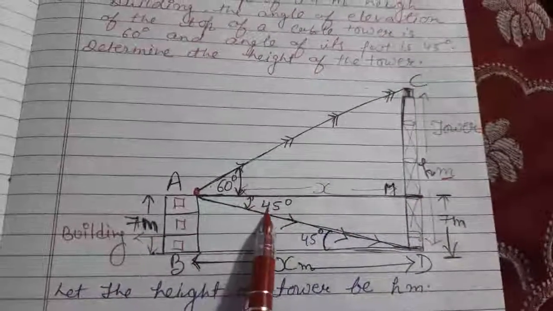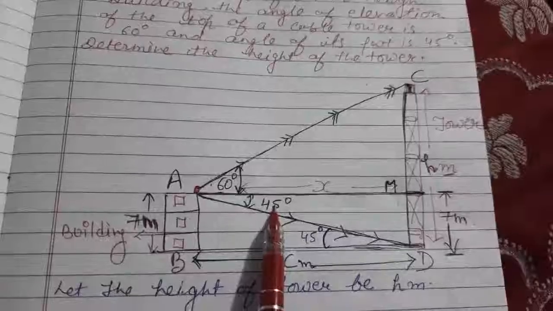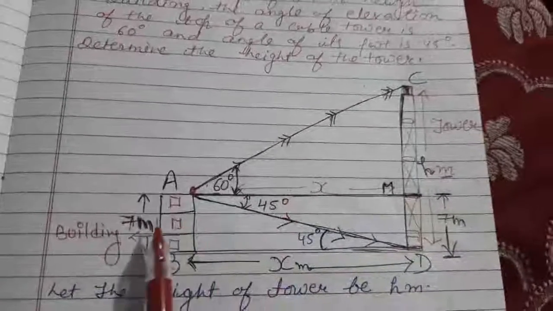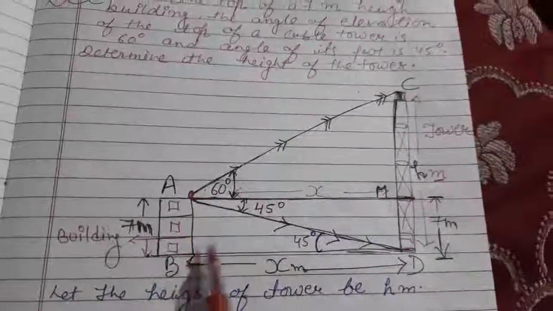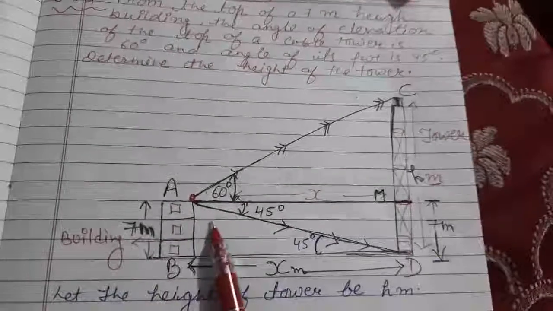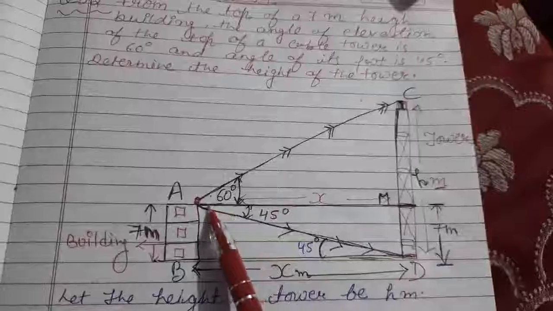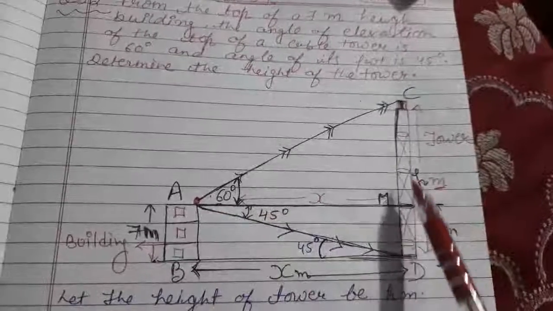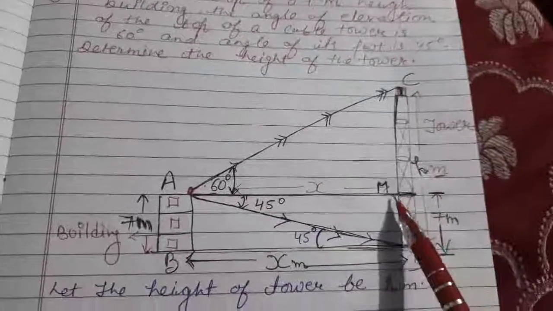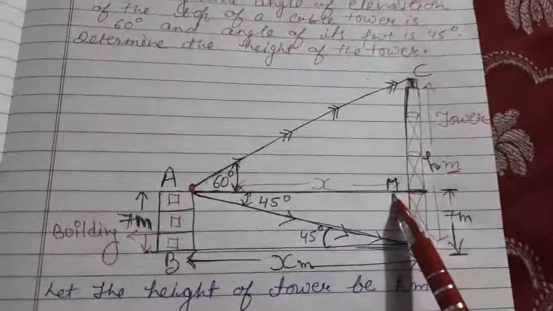So this angle will be 45 degree. This is a straight line. When we move to this side, AB, the point where this horizontal level intersects the cable tower, I am considering as point M.